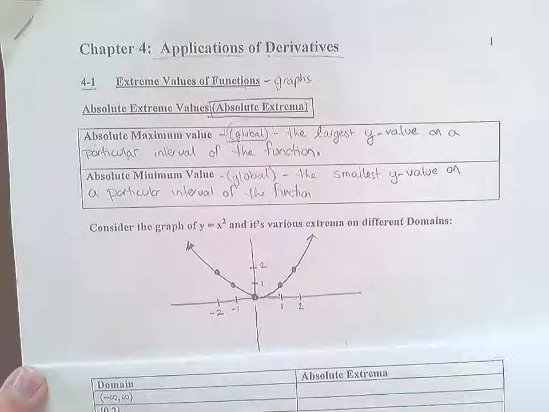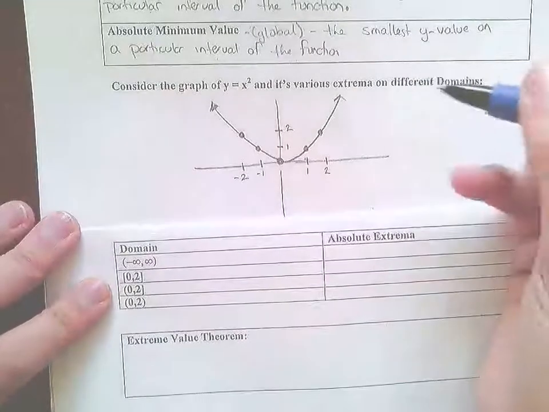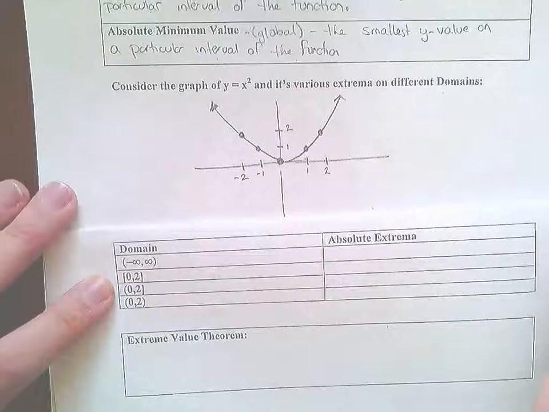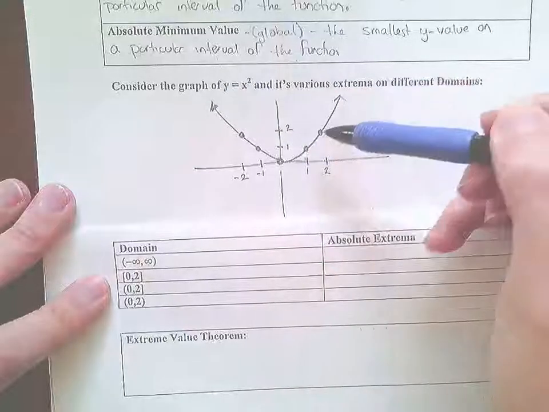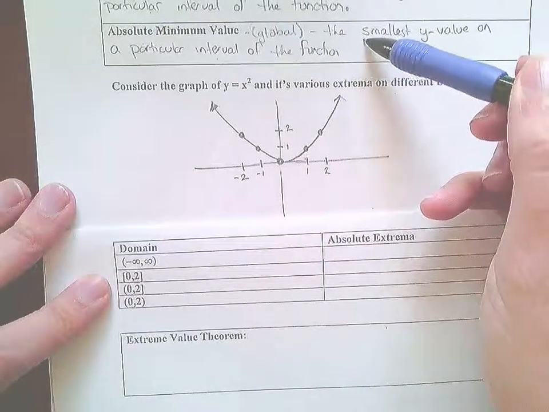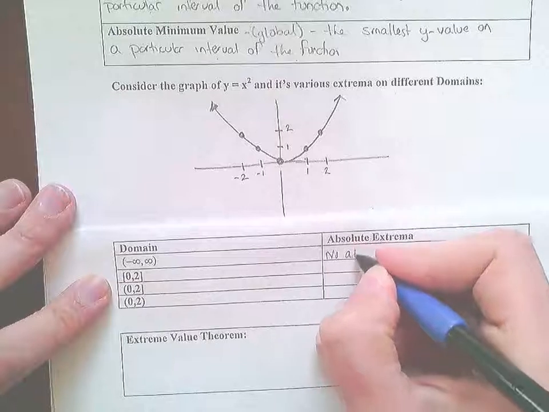So if we looked at the domain from negative infinity to infinity, is there an absolute max and is there an absolute min? And if there is, where are they? Now absolute max, this graph, does it ever really stop? No. So there is no absolute max.